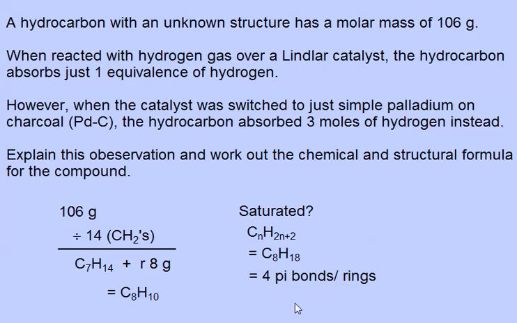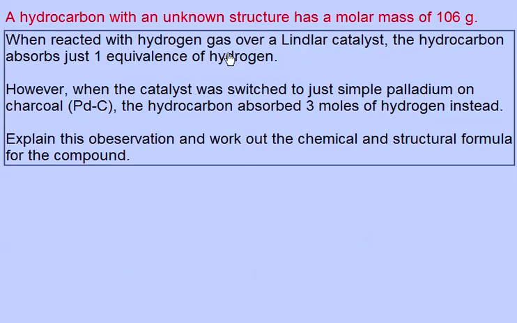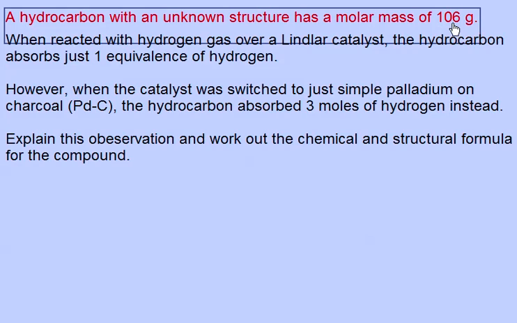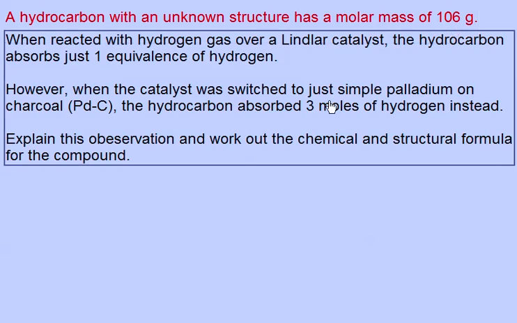Rings and the introduction of pi bonds take 2 hydrogens off the count each time. So maybe it's just 4 pi bonds altogether in an open chain structure, or maybe it's 2 pi bonds and 2 rings, some kind of combination like that.